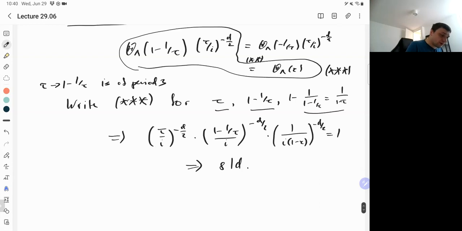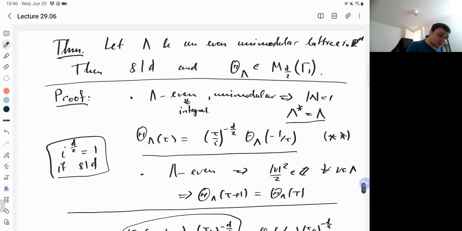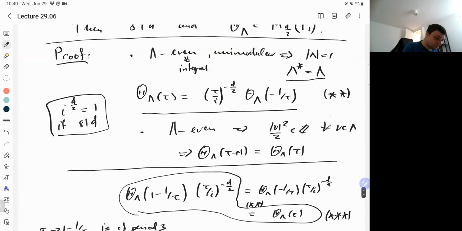And here's one small comment which I should have said. When d is an odd integer, you have to be a bit careful about what you do here. You always take the principal branch of the square root. This is a number in the right half plane, and you take the principal branch.